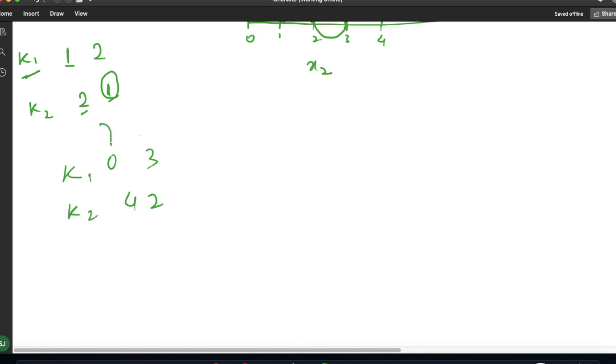Means k1 is initially present at 0 and it can jump 3 meter at a time, and k2 is initially present at 4 and it can jump 2 meter at a time. On a number line it will look like this: k1 is present here at 0, so this will be x1, and k2 is present at 4, so this is my x2.